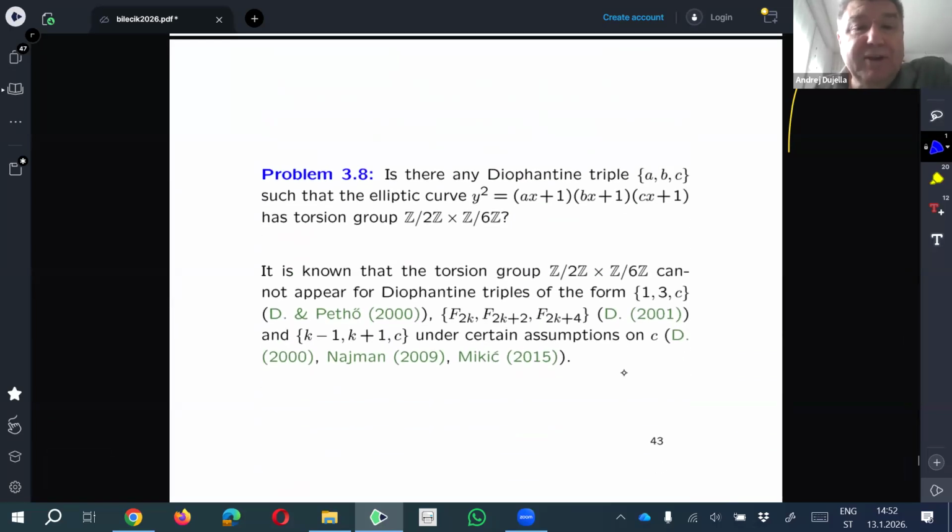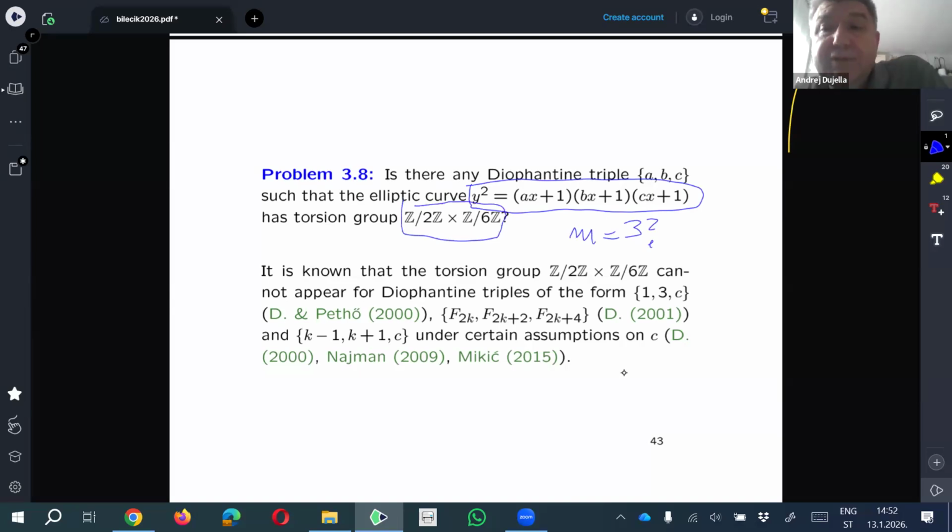This is also a problem which I already mentioned. If we consider a Diophantine triple in the integer case and we ask which torsion groups are possible, then the only remaining question was whether m equal to 3 is possible, and this m equal to 3 corresponds to this torsion group. So we know that it is possible for rationals, but whether it is possible for integers is an open problem. There is no known example.